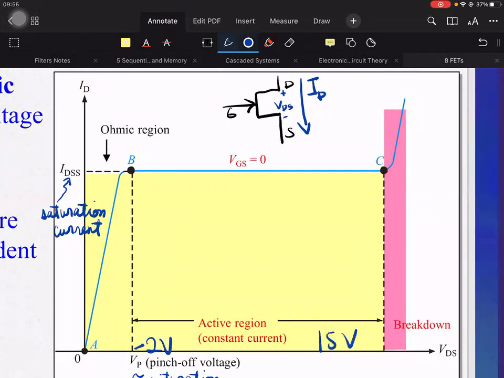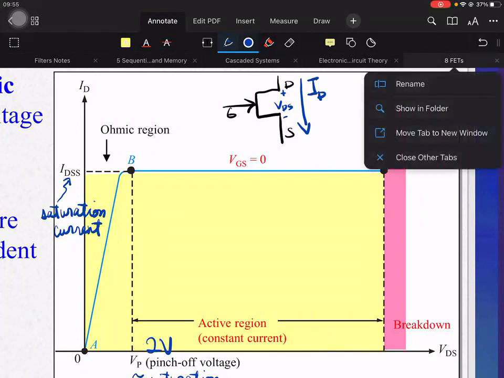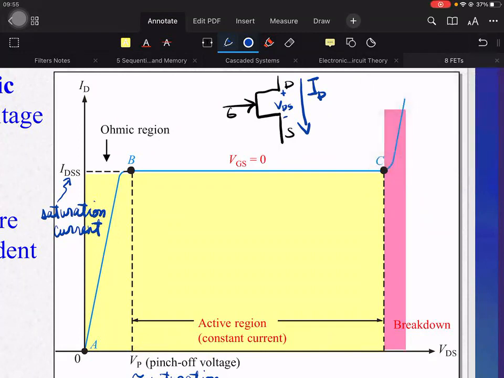It doesn't matter that VDS is as low as negative 2 or as high as 15. The value of the current will be the same. So what value is that? That is IDSS.